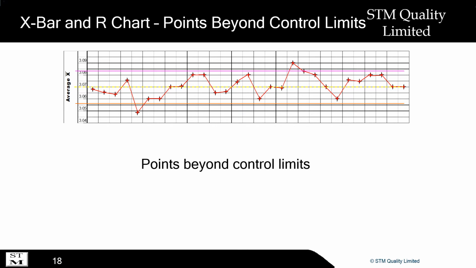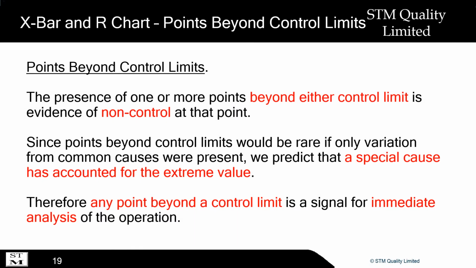You may have noticed that there are points beyond the control limits which we have previously calculated. The presence of one or more points beyond either control limit is evidence of non-control at that point.